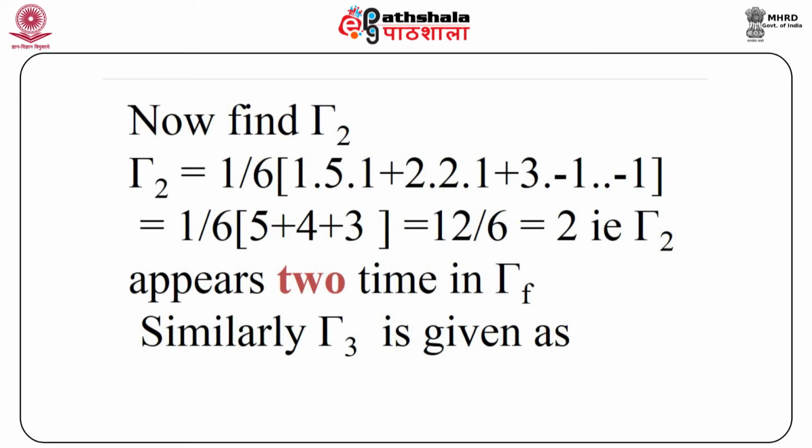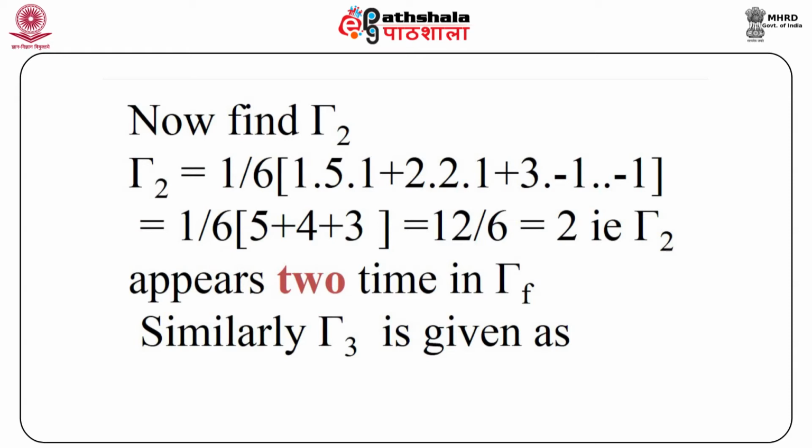Similarly, tau 3 is given as 1 by 6 within bracket 1 into 5 into 2 plus 2 into 2 into minus 1 plus 3 into minus 1 into 0, that is 1 by 6, 10 minus 4 plus 0, 6 by 6.